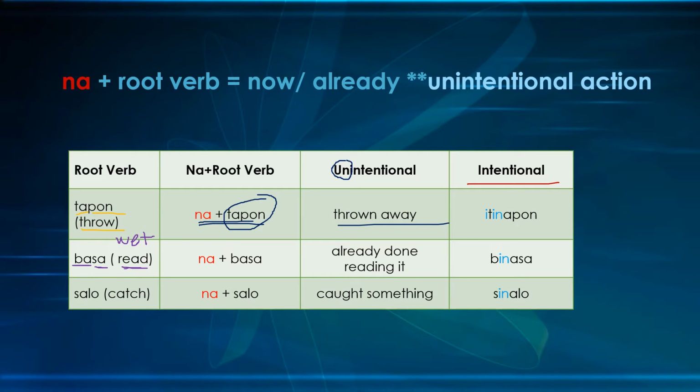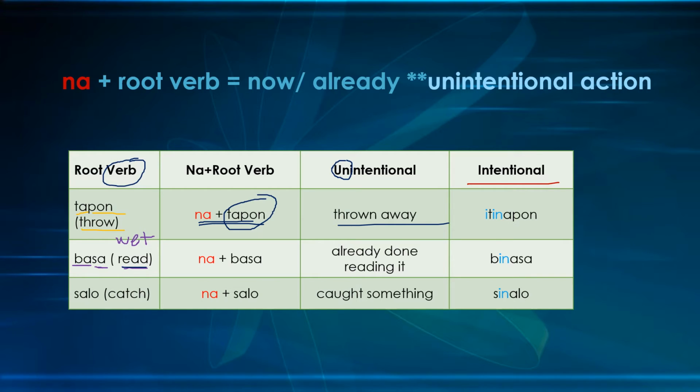So let's focus first on this one, read, which is a verb. By adding na at the beginning, we have now nabasa. That's the wet version. It means it's already wet, or it is now wet.